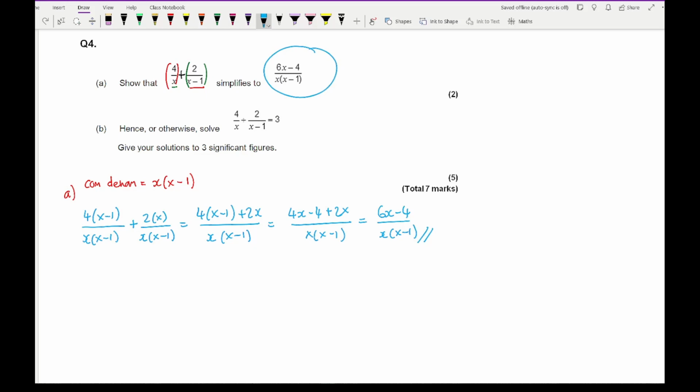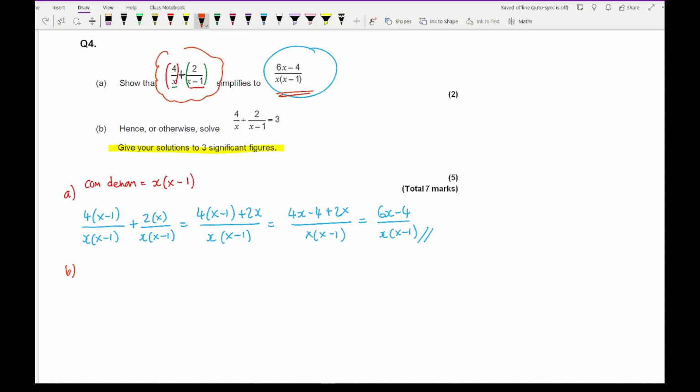Now for B, this involves solving an algebraic fraction, but I also recognise that it's asking me to give my solutions to 3 sig fig, which means that when I end up with my quadratic, don't waste time trying to factorise. It's not going to factorise, just go straight into the quadratic formula. So let's see if I can fit this all into one go. Now one thing that we can do is we know that this equals this.